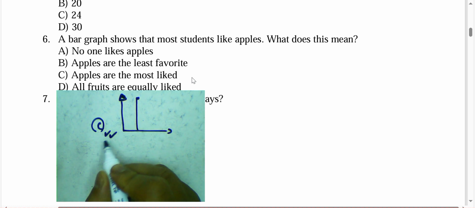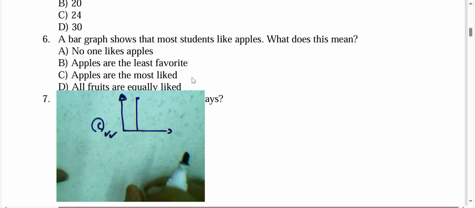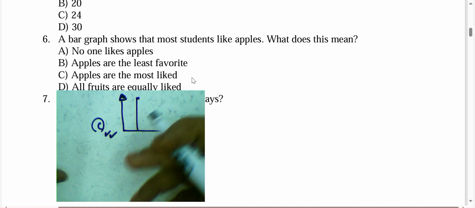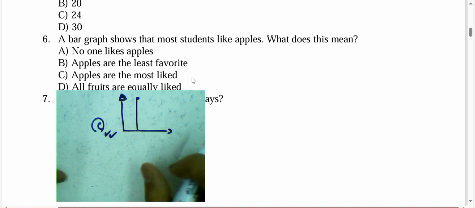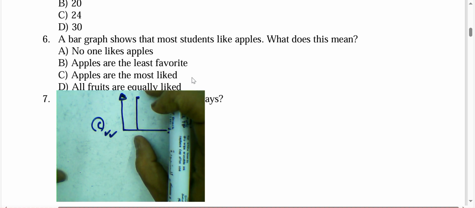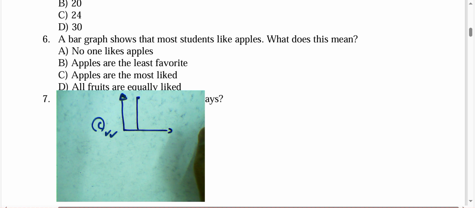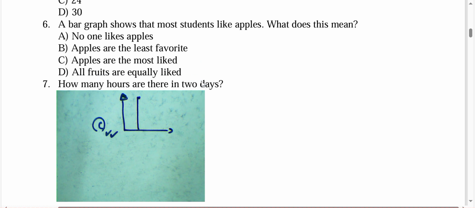Choose letter C because the most students like apples. We have apples, banana, and strawberry. The most repeating in the graph shows the most students like apples. So it means apples are the most liked.